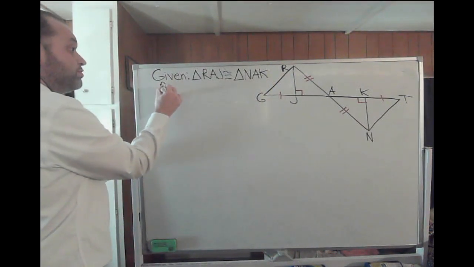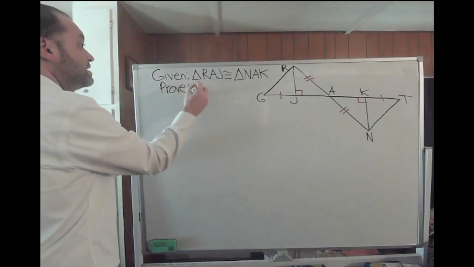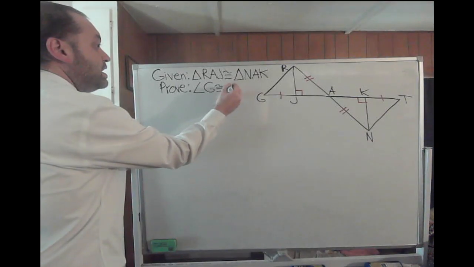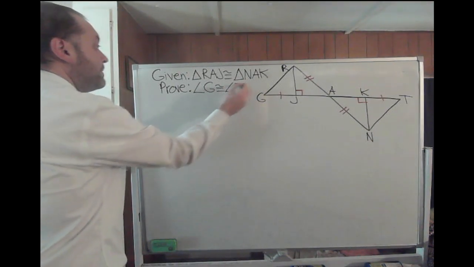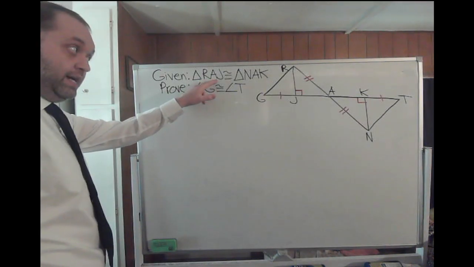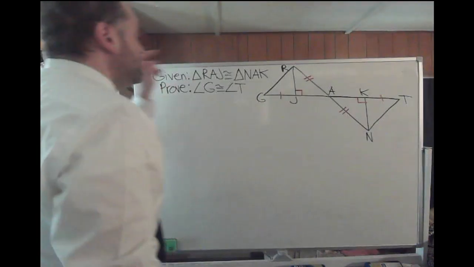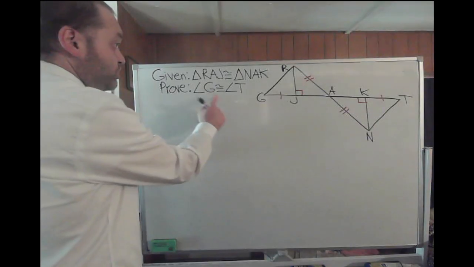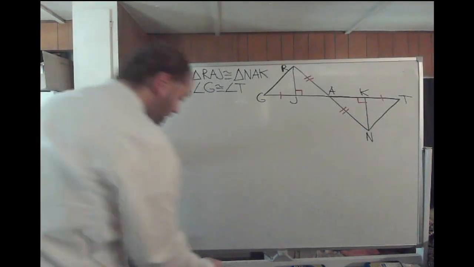What we have to prove is that angle G is congruent to angle T. So we are given that triangle RAJ is congruent to triangle NAK. We have to now prove that angle G is congruent to angle T. Alright.